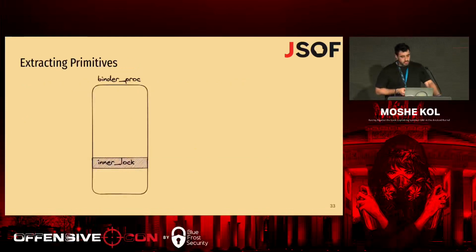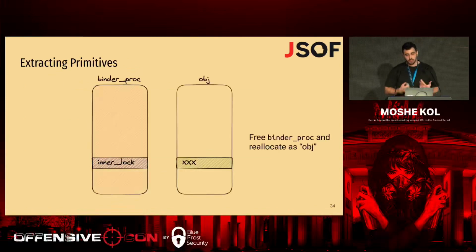Now, as an attacker, the game we are going to play here is to create a type confusion situation by reallocating the binder proc as some different kernel object that has a field that overlaps with this inner lock.